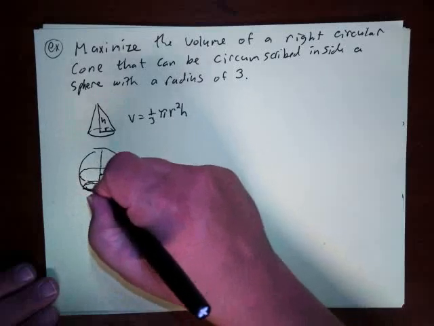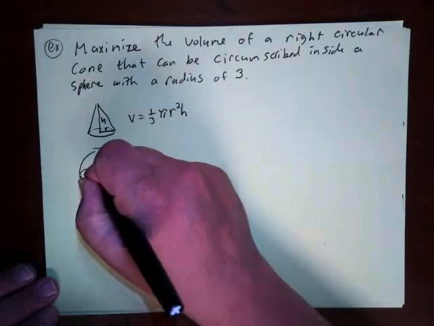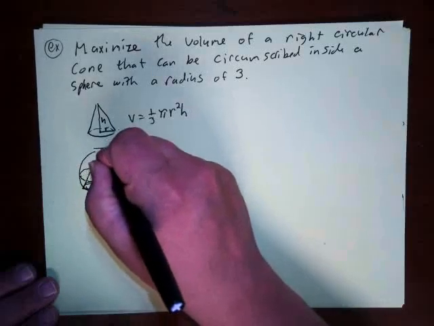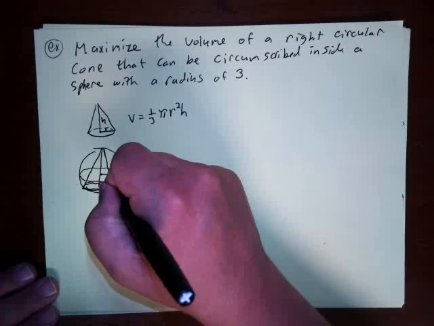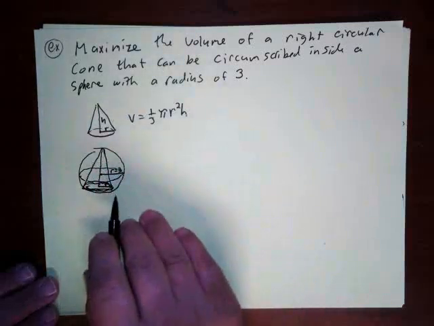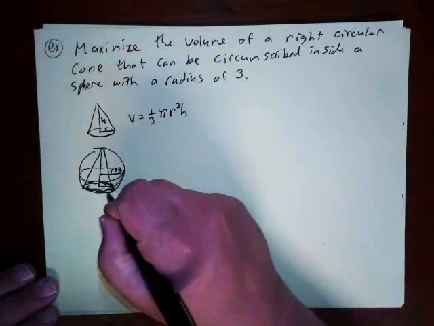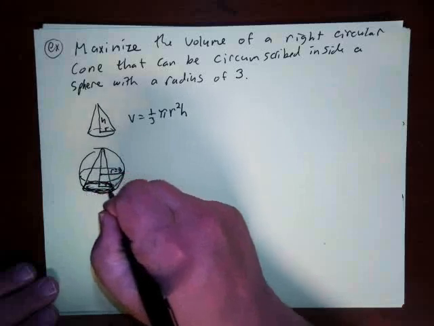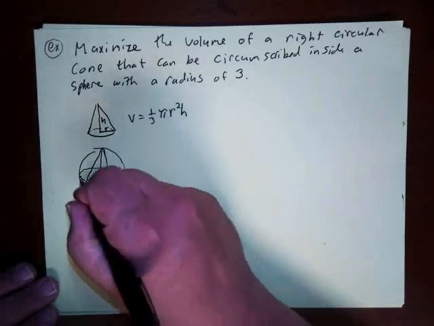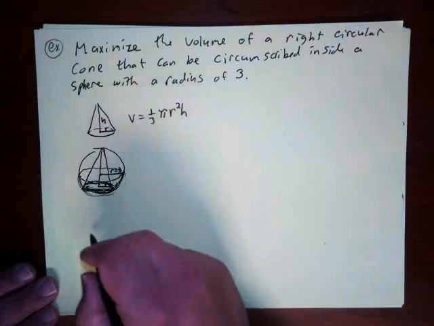This would be the radius of the cone, and you'd want it to go to the top of the sphere. It's kind of hard to draw, since the radius here is going to be in a circle.